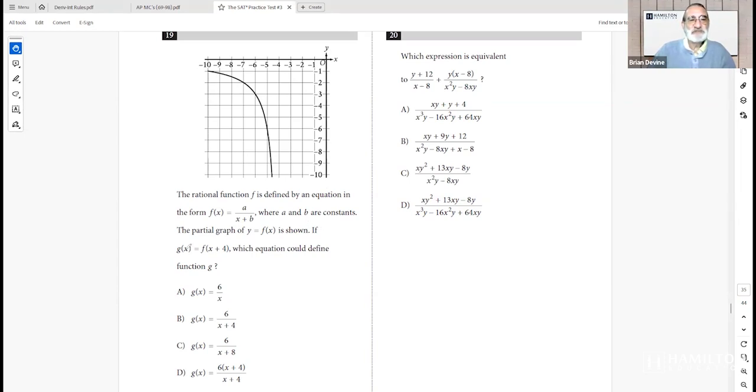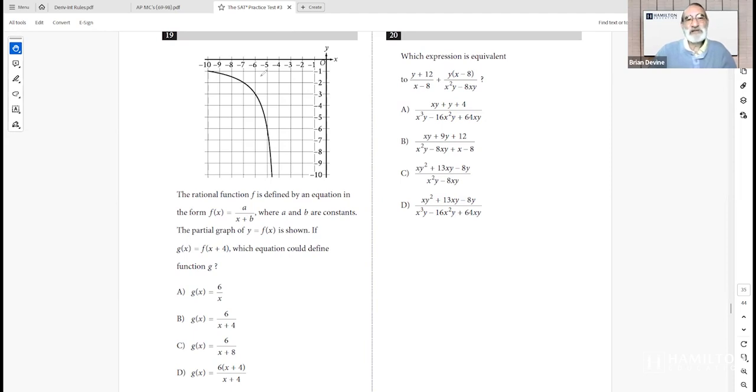And if there's some function g of x that is f of x plus 4, i.e. we just move f of x to the left by 4, which equation would define the function g? Well, I mean, if we have a vertical asymptote here, -4, then we can just shift the graph over.